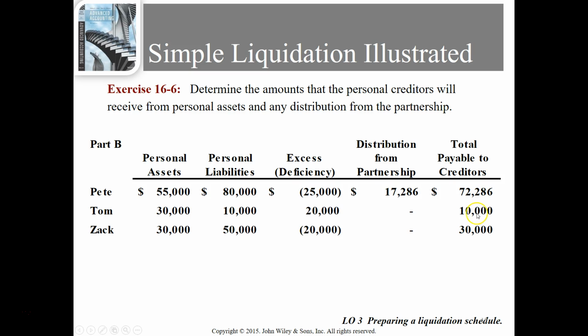So again, total payable to creditors would be your 10,000 over here. Personal liabilities would be 50,000, but 30,000 here, so he would be liable. So there is a deficit, and total payable to creditors would be 72,286.